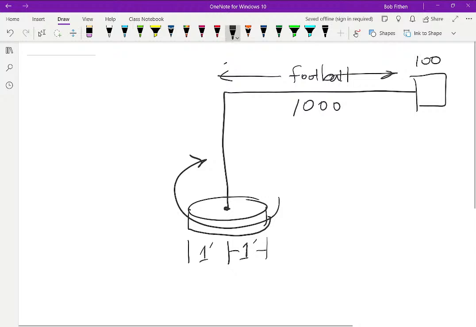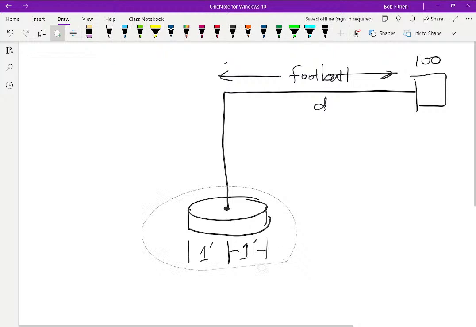It can hold the 100 pounds up, but the further you move it out away from over the top of this, what you're basically doing is, if you call this a distance, then, here, let me do it this way.